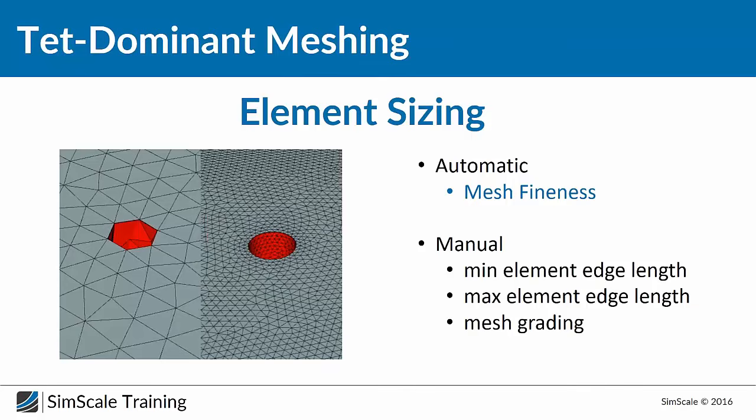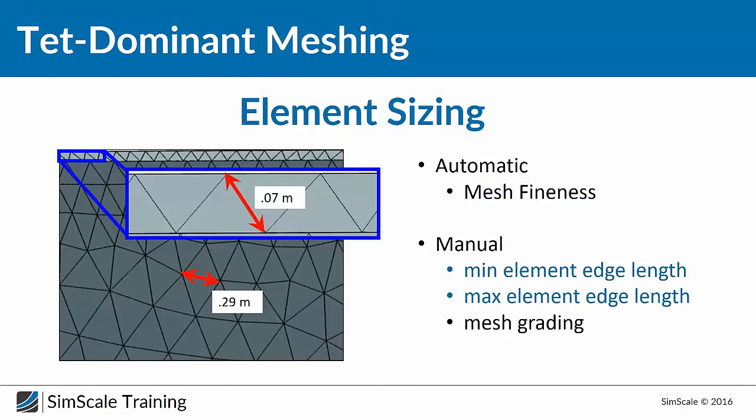There we use 3 parameters to describe the element size. We have a minimum element edge length and a maximum element edge length, which give the bounds for the element size. Here's a very good example.